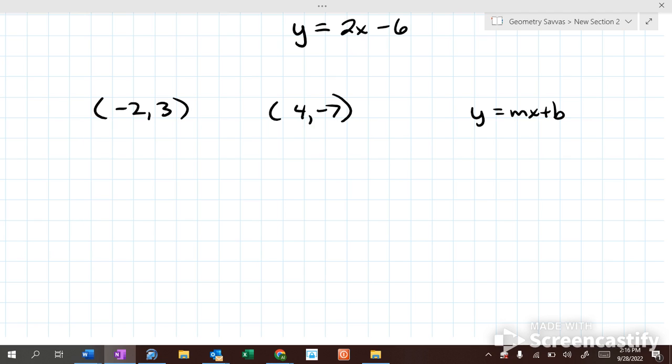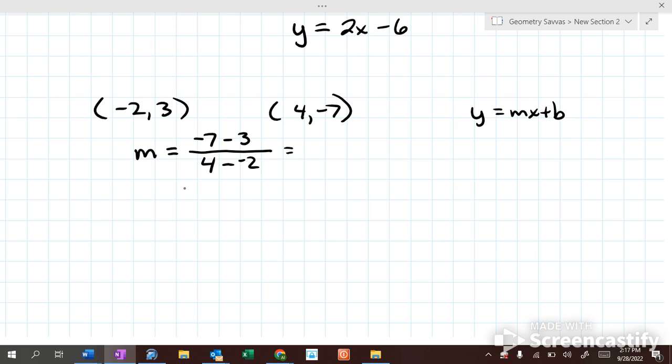Okay? So to find the equation, what do I do first? Find the slope. So the slope equals y2 minus y1 over x2 minus x1.